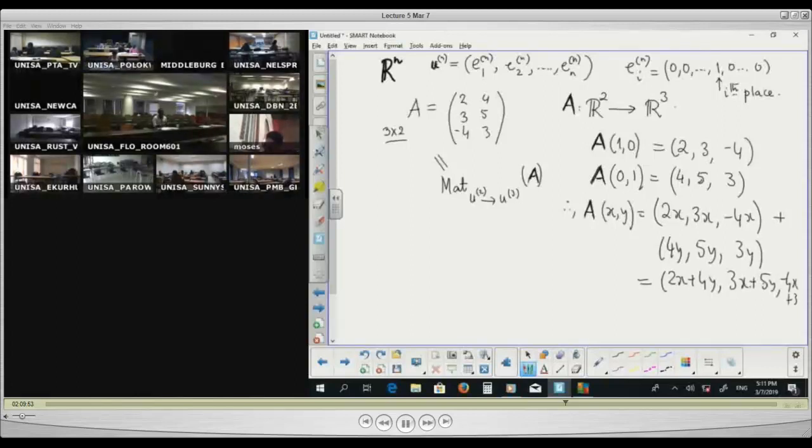Yeah, so you see how quickly, given the matrix, you can construct the linear transformation.